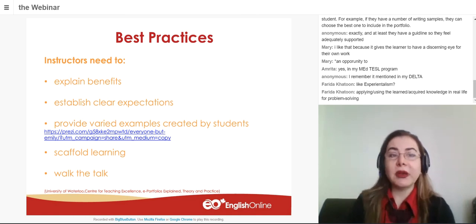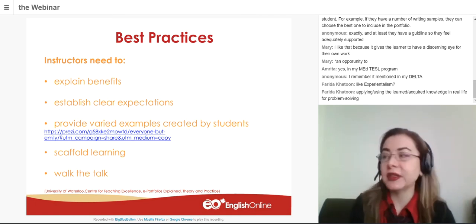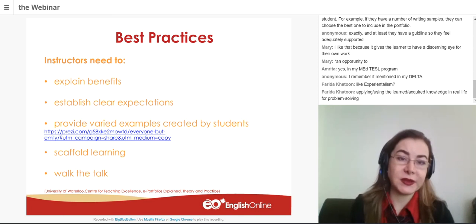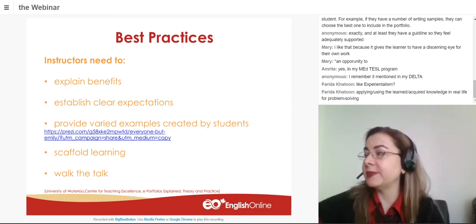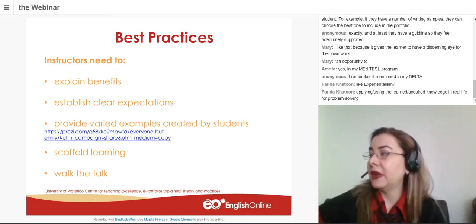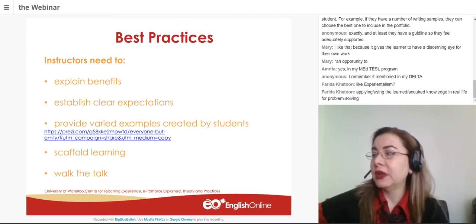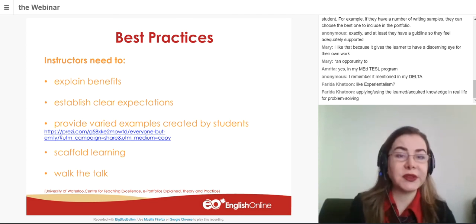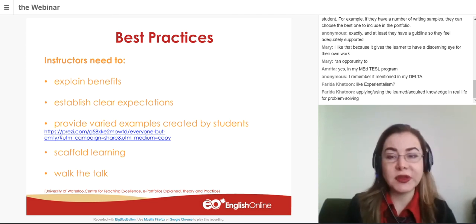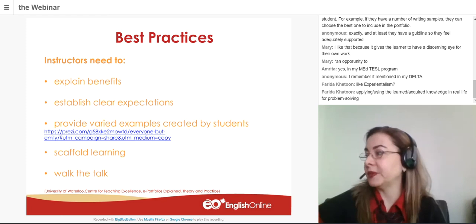So here, instructors advise to explain benefits. It is very important that you explain benefits and highlight what's in it for the learner, the advantages of using e-portfolios.